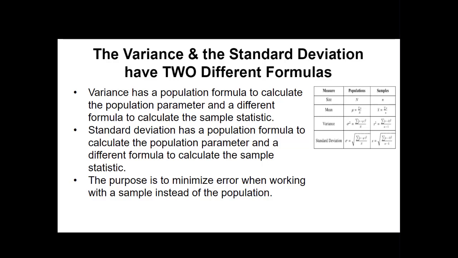The purpose of having 2 different formulas for each of these descriptive statistics is that they are trying to minimize error when working with a sample instead of the entire population.